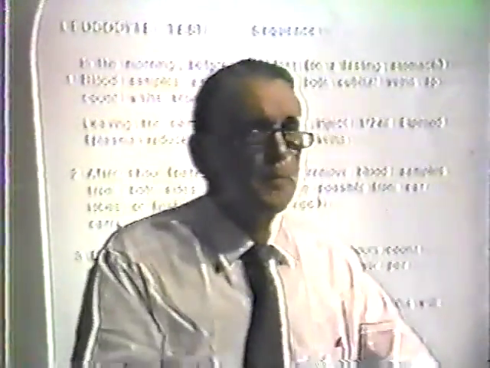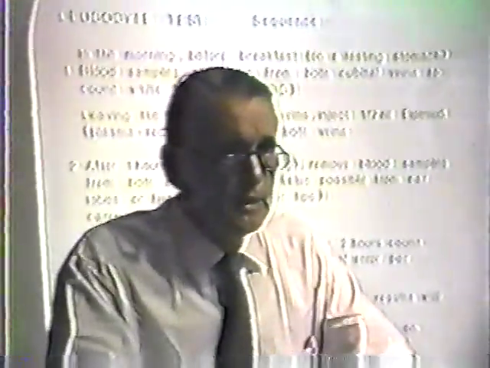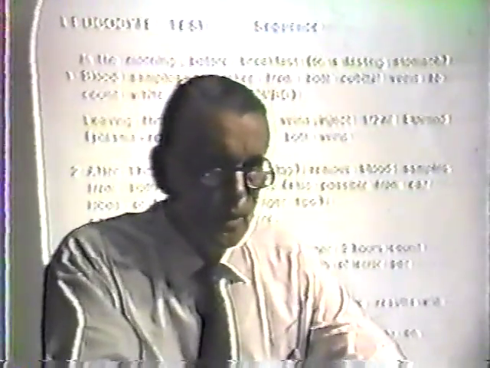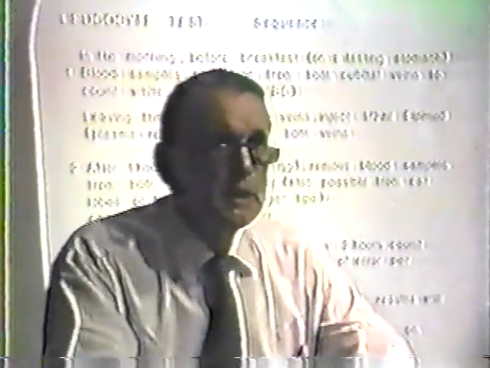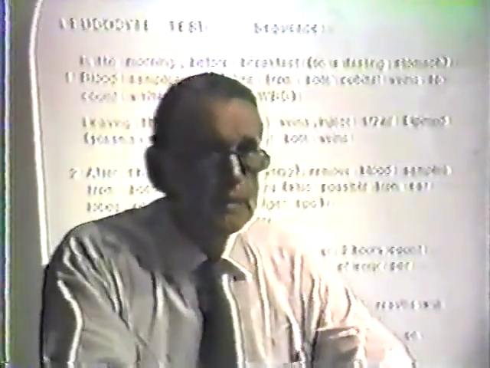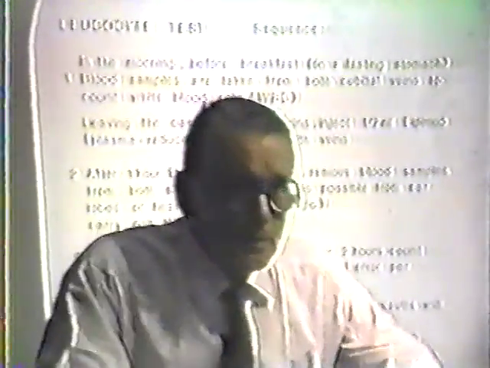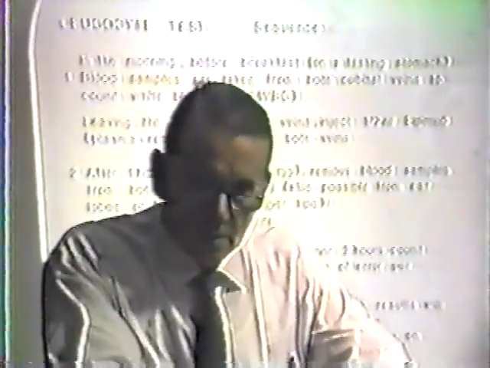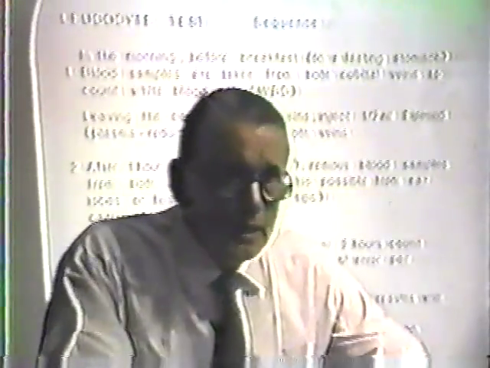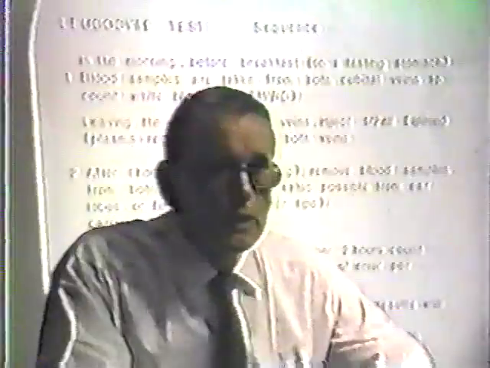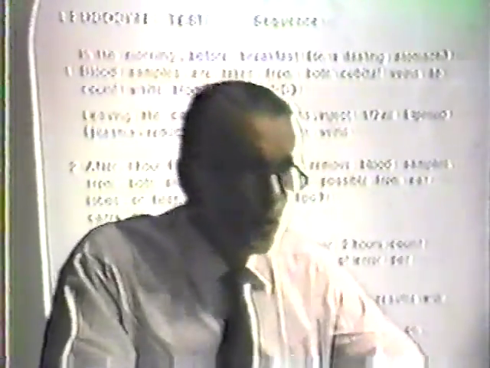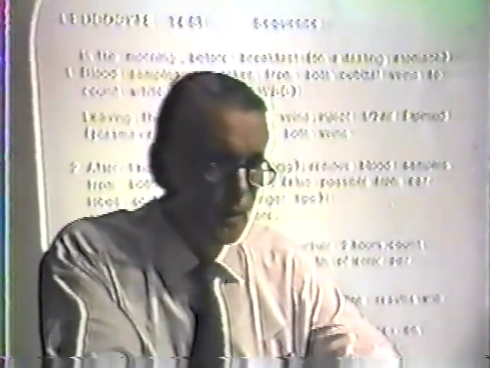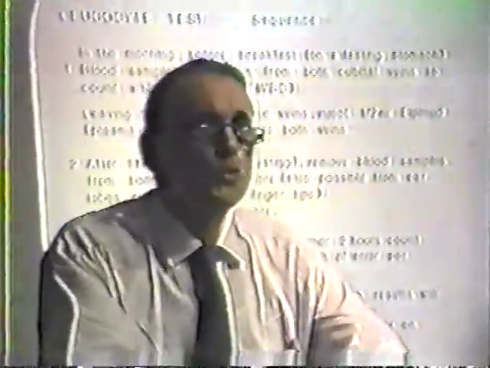In using the leukocyte test, we cannot tell you why this happens, but empirical research has shown that in a one-sided stress, a difference in the leukocyte count on the one side can be as high as 3,000 cells.